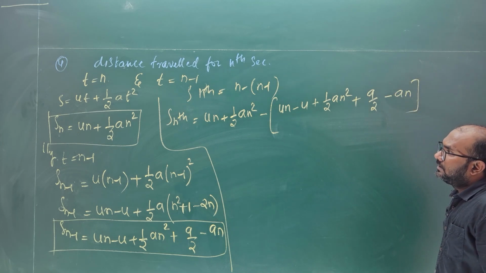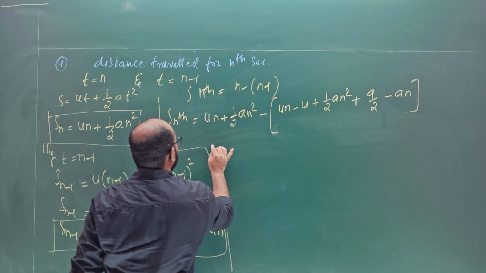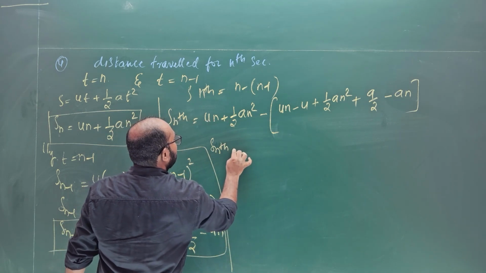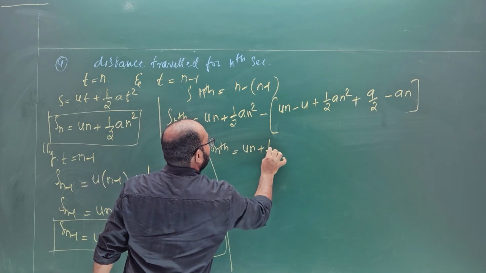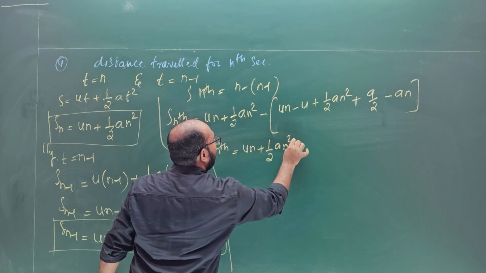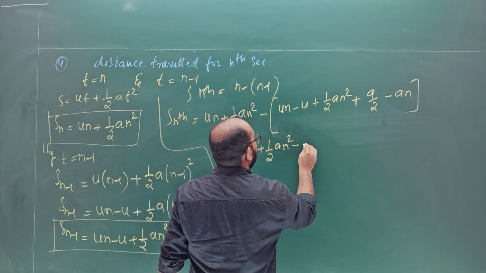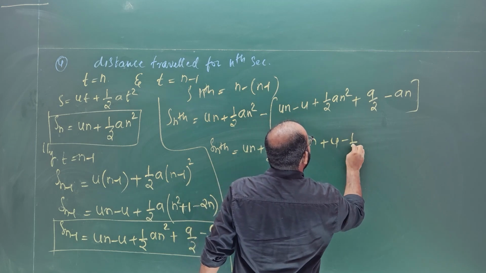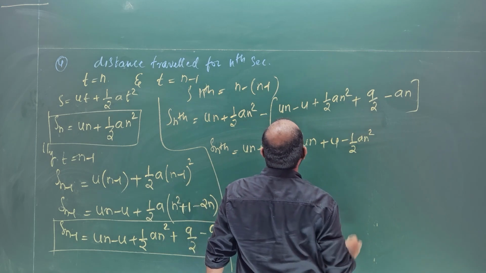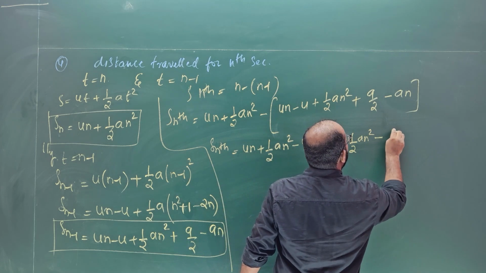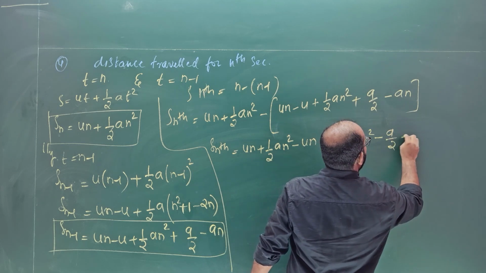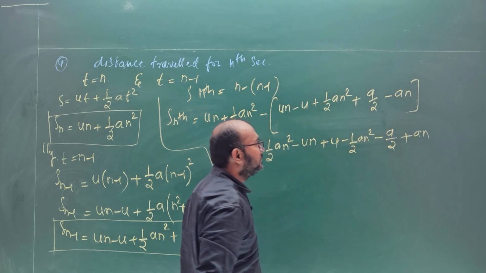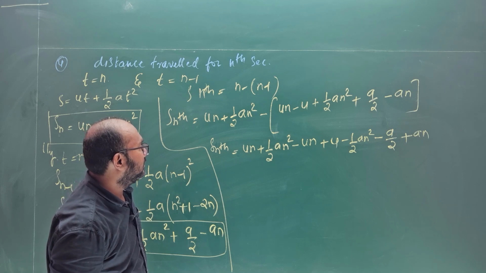Can I write like this? Expand this. So S_nth is equal to un plus half an square minus un plus u minus half an square minus a by 2 plus an.